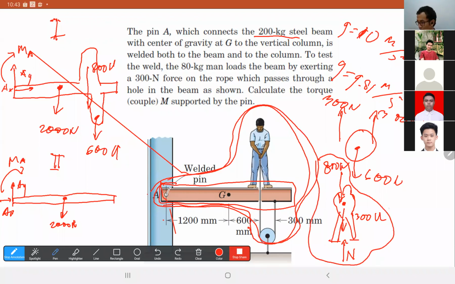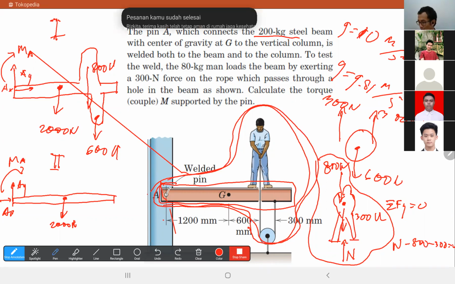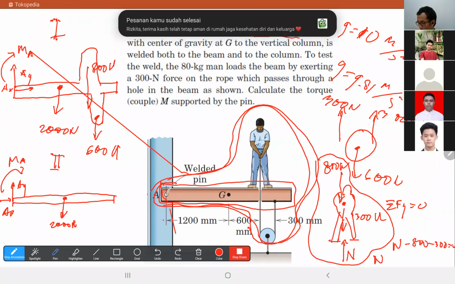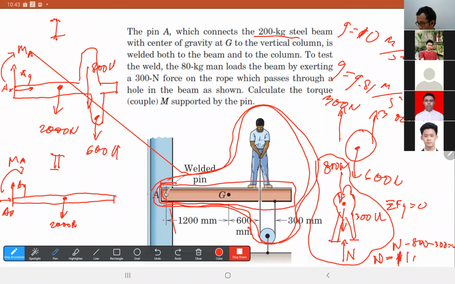That's why it's supposed to follow sigma Fy equal to 0. Based on this, you will have N minus 800 minus 300 equal to 0, which means your normal force N will be equal to 1,100 newtons.